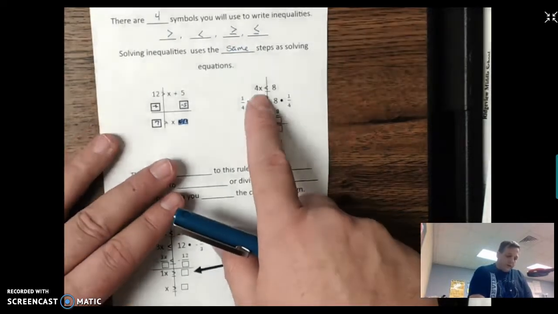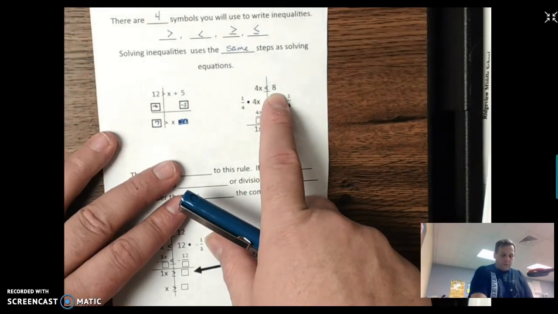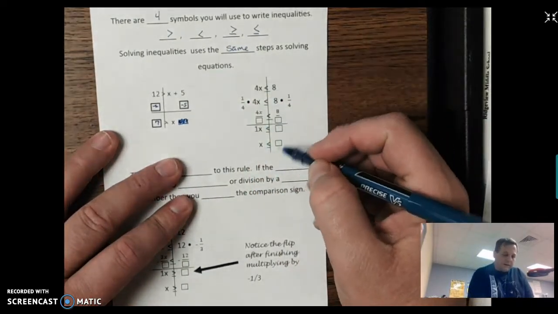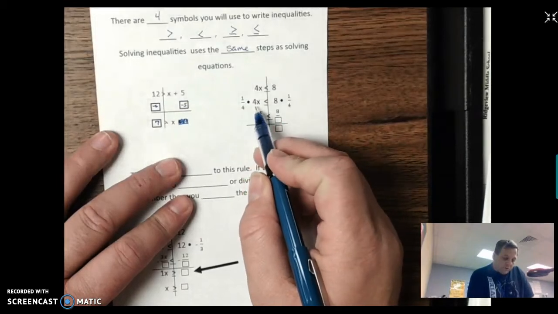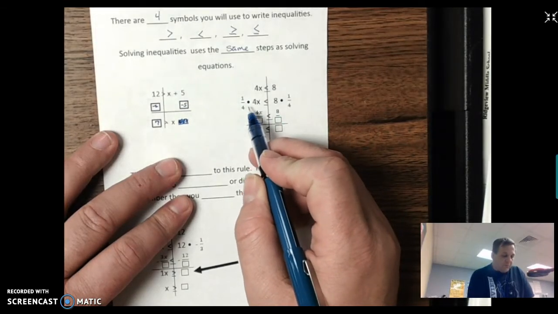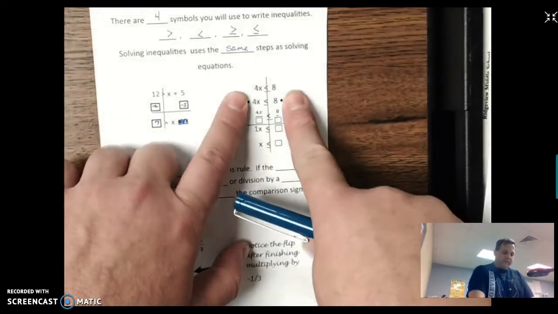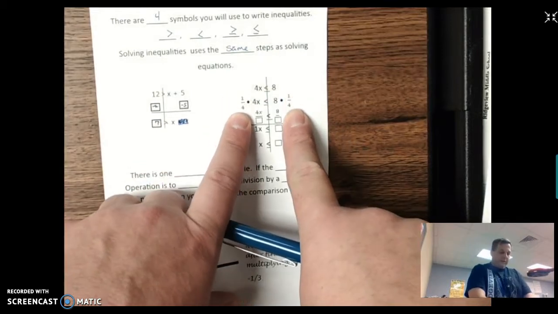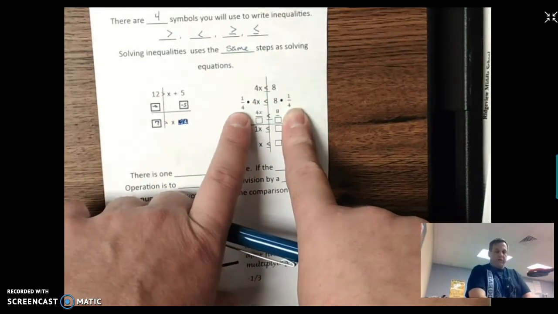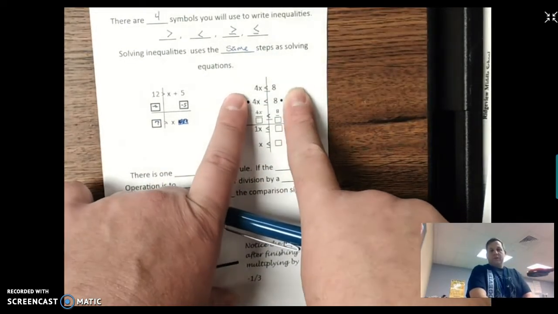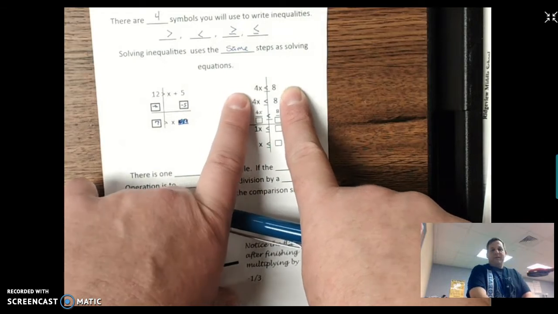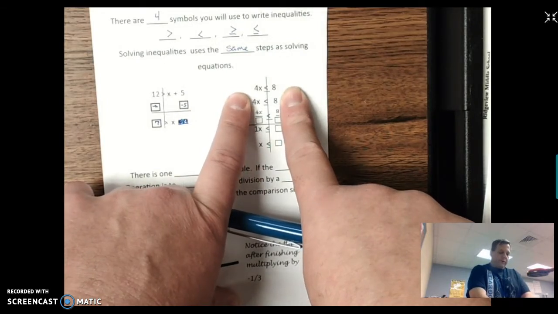So if we look over here, 4 times x is less than or equal to 8. We draw our line. We multiply, or we divide by 1/4. Again, this is here for those of you that are interested. The reason we divide is because we actually multiply by the reciprocal. And if you're not worried about it, all you need to know is that when we multiply, we're going to divide by 4.